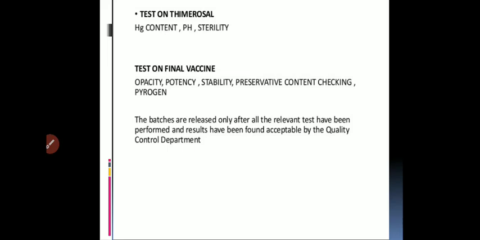And most important, when our vaccine is completely ready, its opacity, its potency, its stability, preservative content, checking for pyrogens, checking for toxicity, checking for sterility testing should be carried out of our vaccine, and then only it is ready for giving to the persons. Okay, thank you.